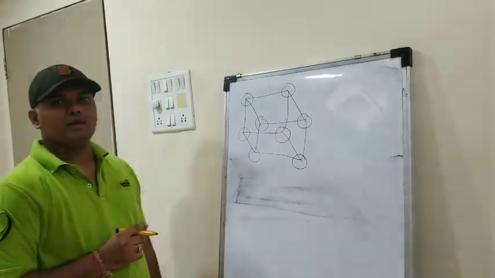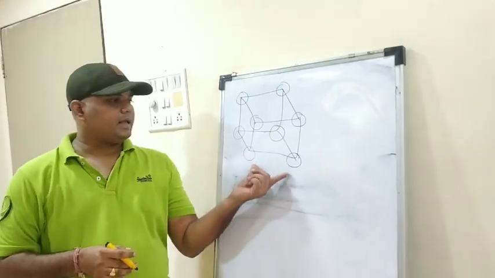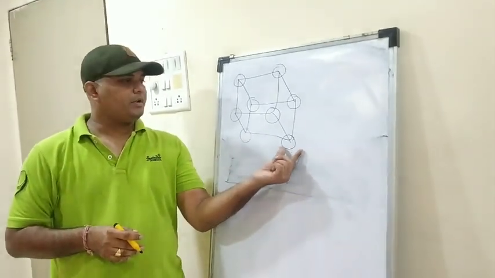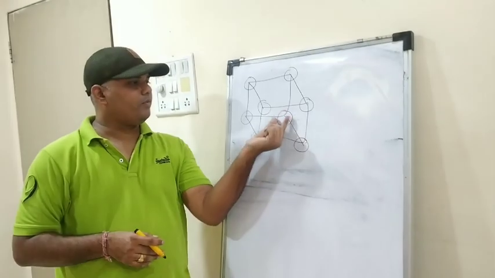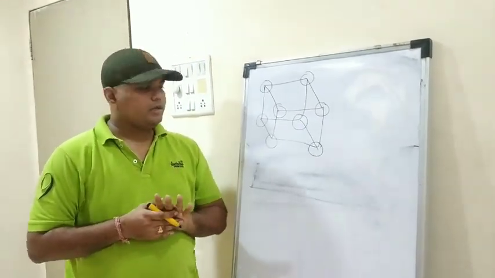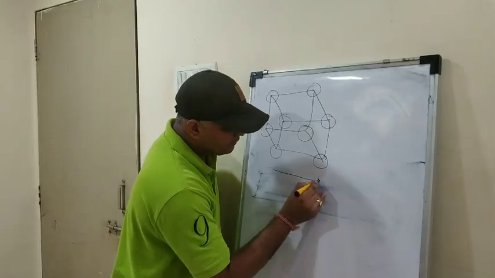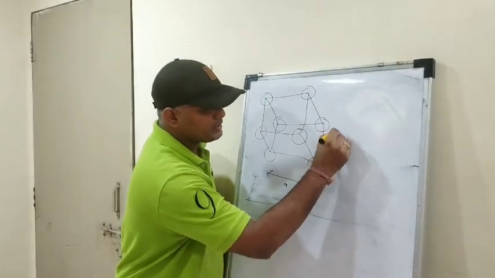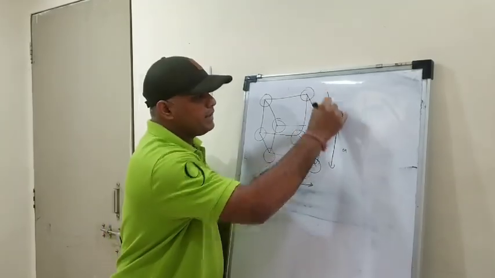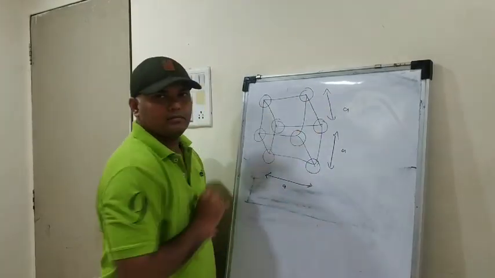This is what we have learned. All the unit cells contain the constituent particles at the corners. So 1, 2, 3, 4, 5, 6, 7, 8, right? This particular length is nothing but called the A. This length is called the A. This length is called the A, right?